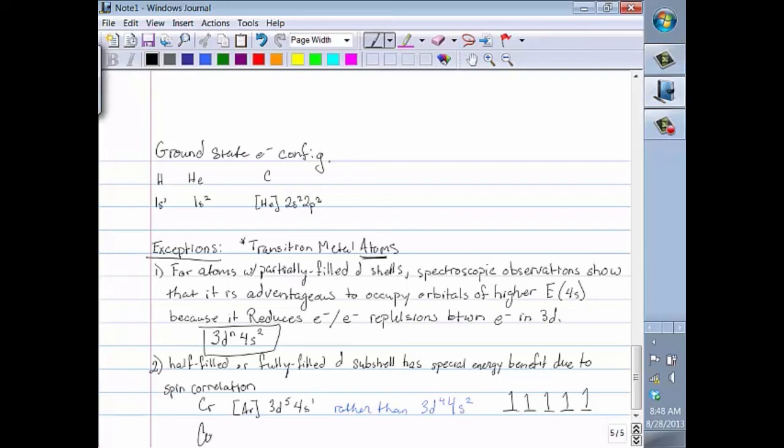Another example is copper. So the electron configuration of copper is this, rather than what you might expect, which is 3d9 4s2. And again, that's because there's an energy benefit for completely filling this d shell.